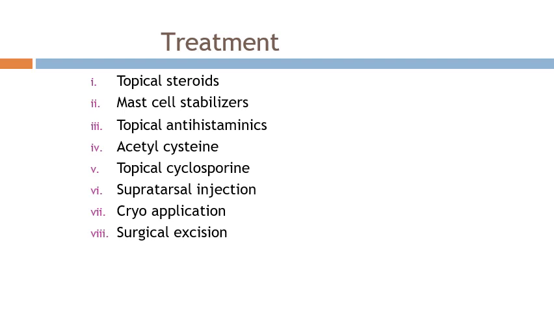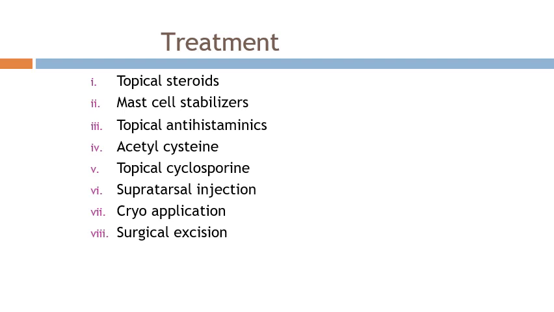Then topical antihistamines can also be used three to four times a day. Then mucolytic agents, acetylcysteine, can be used. Then long-term anti-inflammatories in the form of cyclosporine: in a very severe case where patients are not responding to steroids, you can start cyclosporine also.